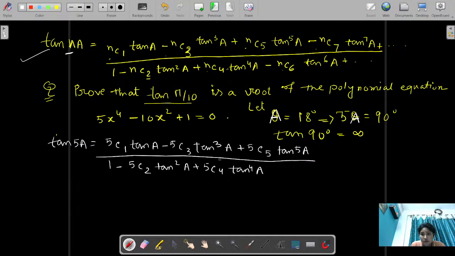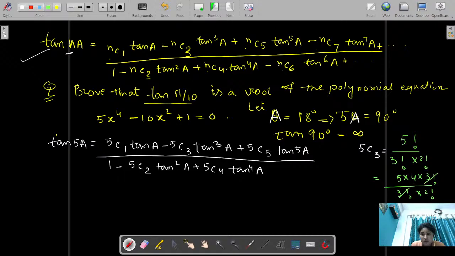Now what is 5C3? Let us calculate. This is factorial 5 divided by factorial 3 into factorial 2, which equals 5 into 4 into factorial 3 divided by factorial 3 into factorial 2. Factorial 3 cancels.